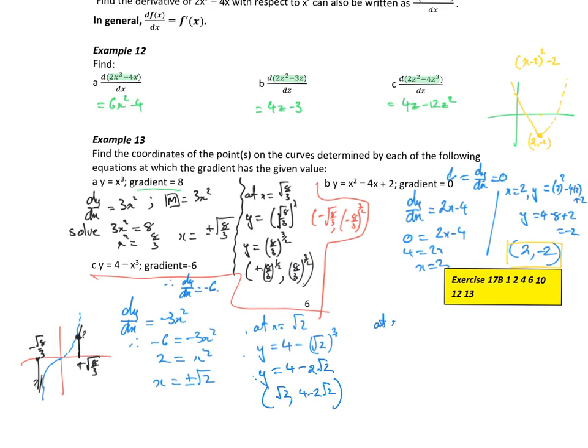And at x equal to negative root 2, I'm going to get y equals 4 minus negative root 2 cubed. So y is equal to 4 minus negative 2 root 2, which is 4 plus 2 root 2. So I get the point (negative root 2, 4 plus 2 root 2).